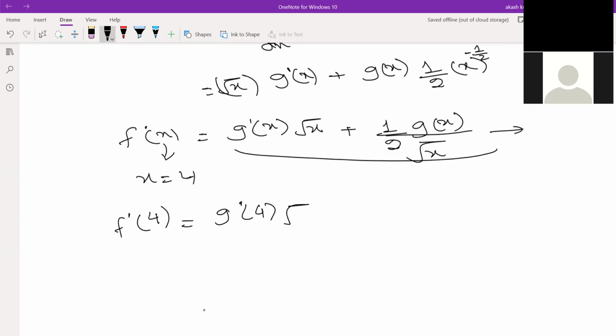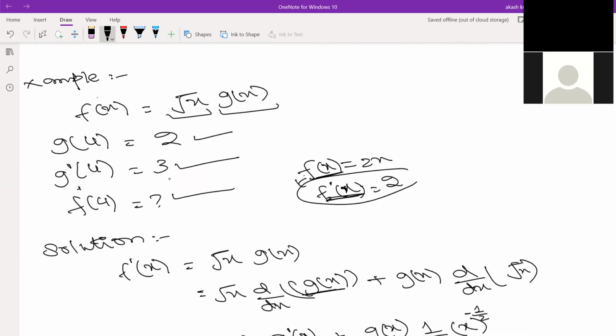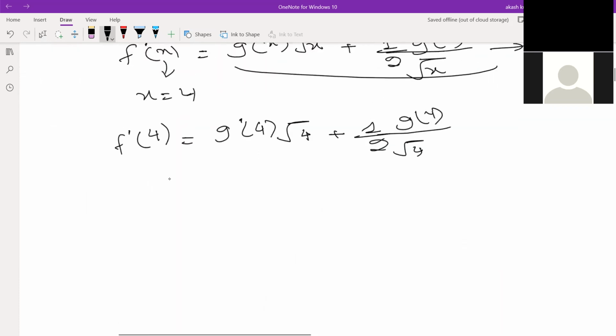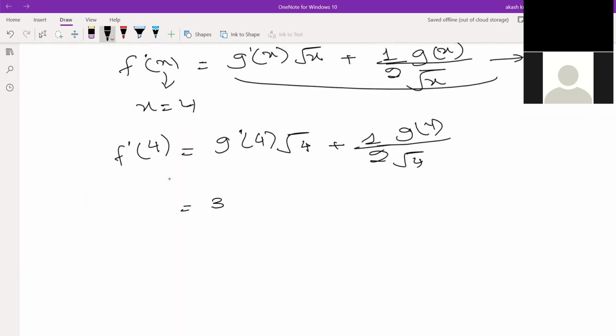So it's going to be g dash of 4 and square root of 4, plus half g of 4 and square root of 4, right? And g dash of 4, that we know is 3.